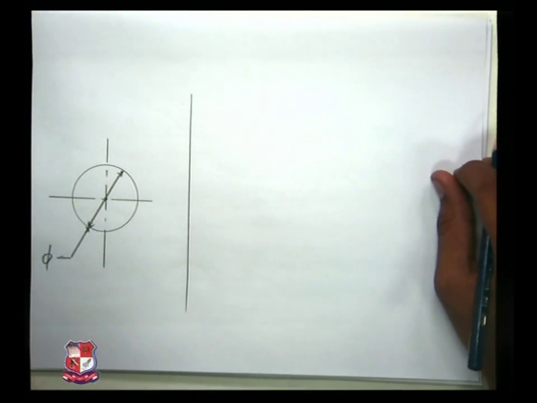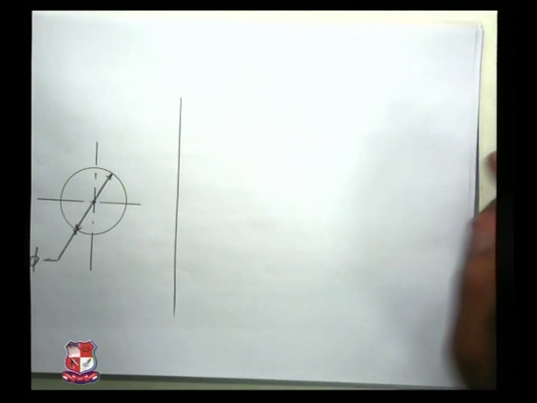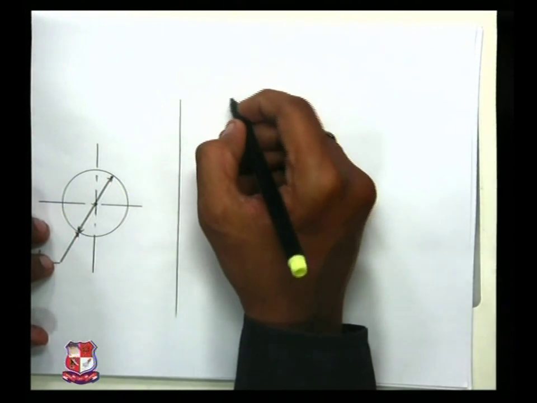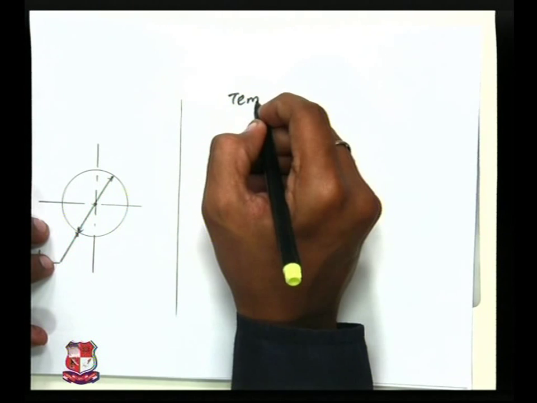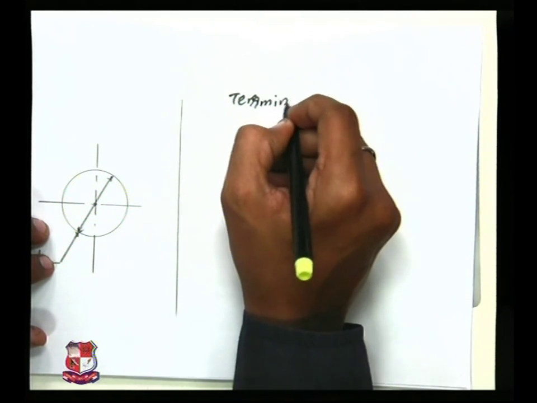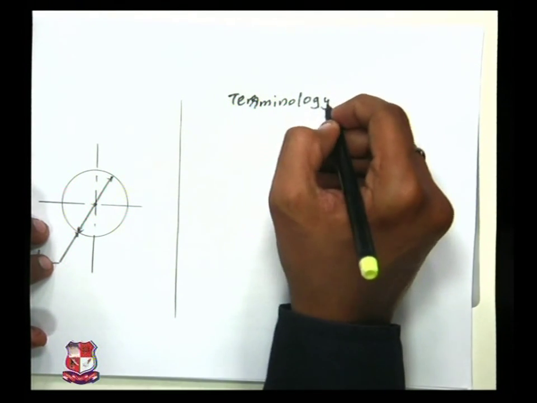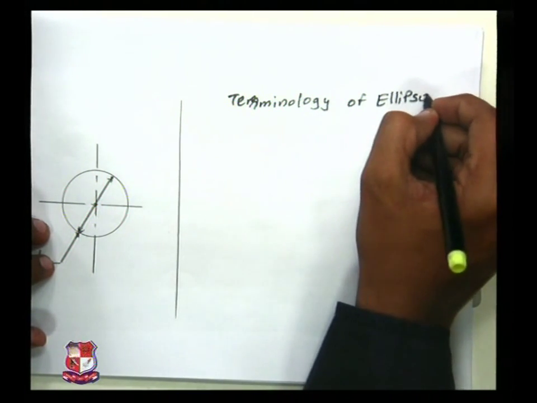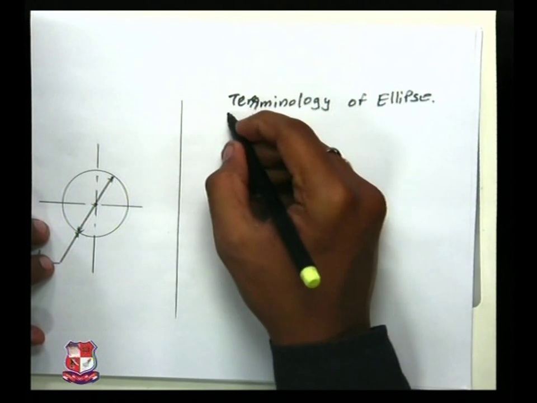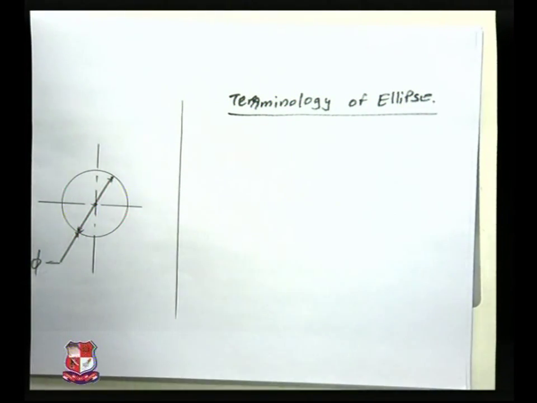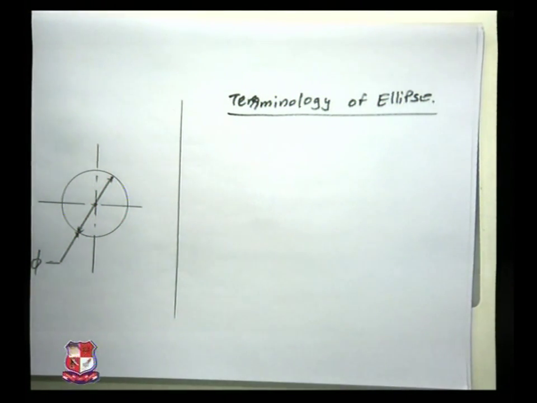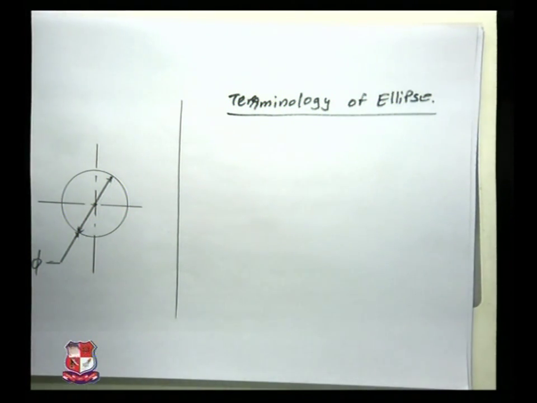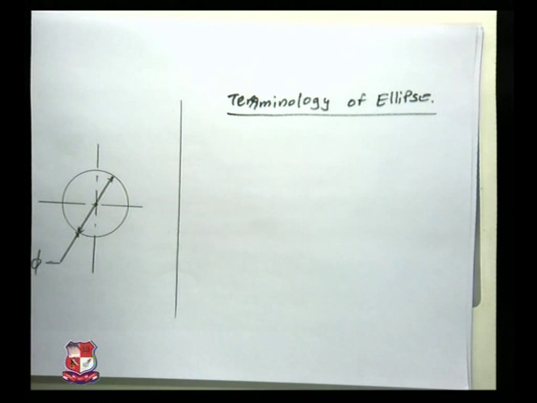Now when we are talking about the ellipse, let me put the title first. Terminology of ellipse. When we are talking about the ellipse, we should consider that the ellipse has two axes.